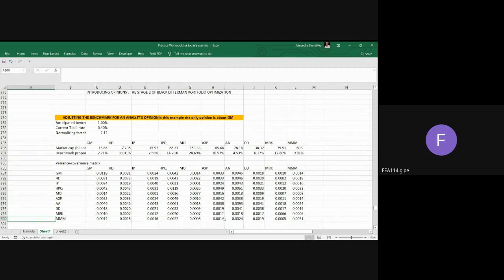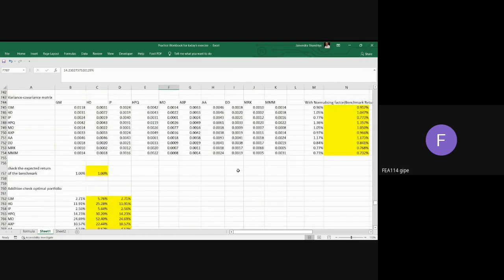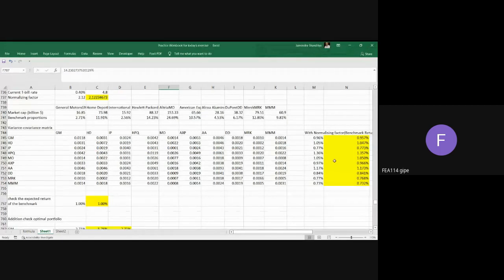What we are going to do is the benchmark proportion is like this, but in the typical Black Litterman approach, if you are very sharp, very intelligent, hardworking and methodical, and you have done your work, you realize that this is Hewlett-Packard, and the proportion of Hewlett-Packard in the benchmark is 14.23, and the return of Hewlett-Packard, which is the fourth one, is 1.36%.